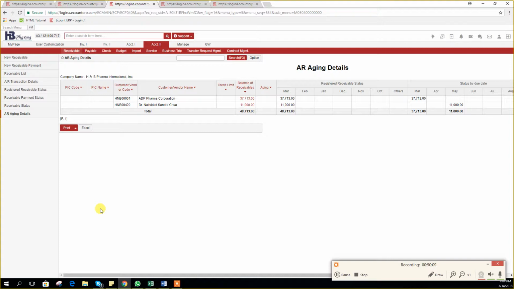The 10,000 is the down payment that we put on the security deposit received, and then the client already paid the 40,000. So what happened to the 10,000? How will it be 100% payment for that particular customer?